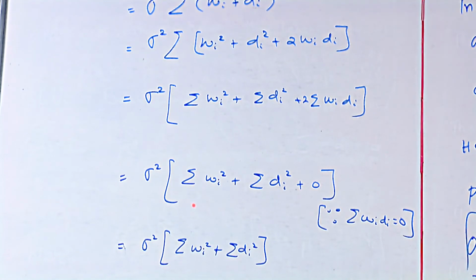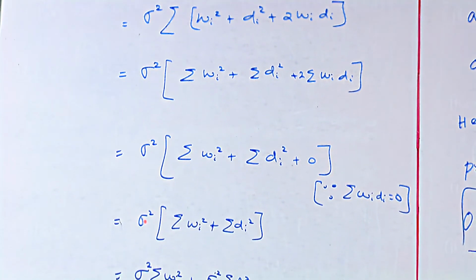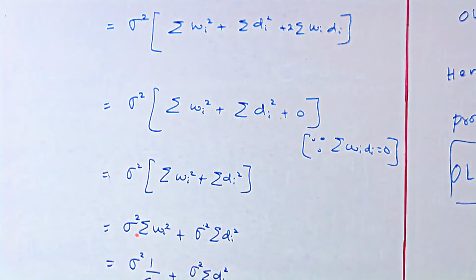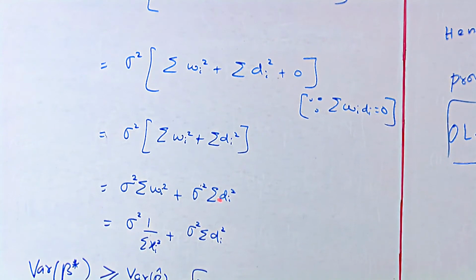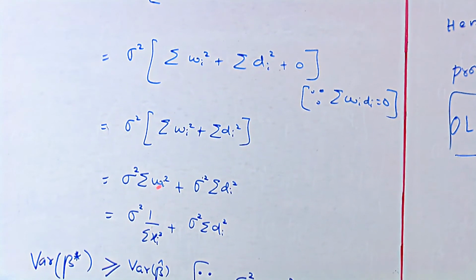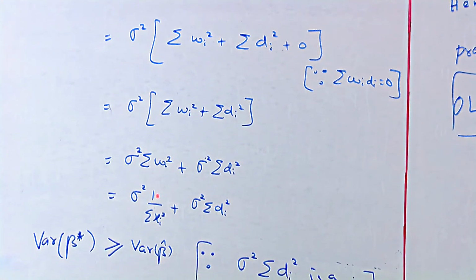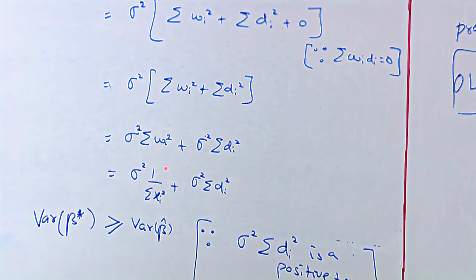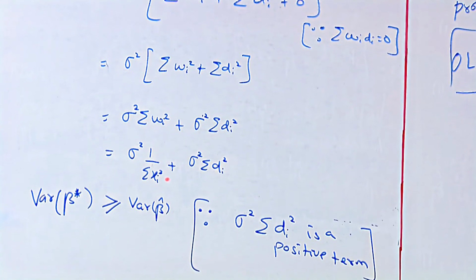So we get two expressions only. Now if we take the sigma square inside, we get sigma square Σ Wi square plus sigma square Σ Di square. So this expression may be written as sigma square into 1 by Σ xi square, because Σ Wi square we already know is nothing but 1 by Σ xi square.